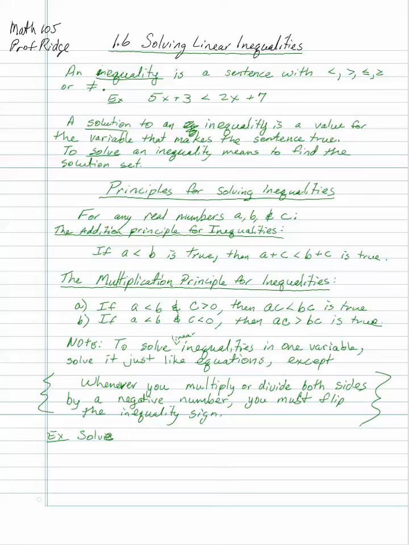Suppose I had 3x plus 4 times x minus 5 is greater than 10x plus 3. My first step is to simplify both sides, so I'm going to distribute the 4 and combine my terms.